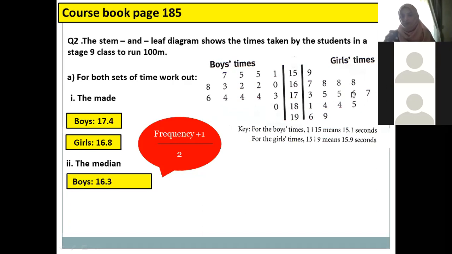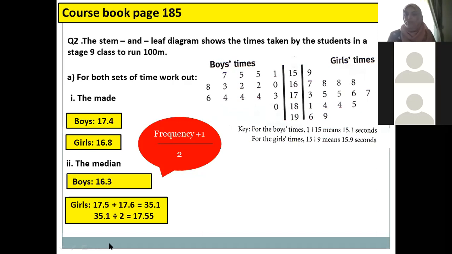It's between the 17.5 and 17.6. Between the 17.5 and 17.6, we add them and divide by 2, and it gives 17.55. You can round it to 17.6. Great job.